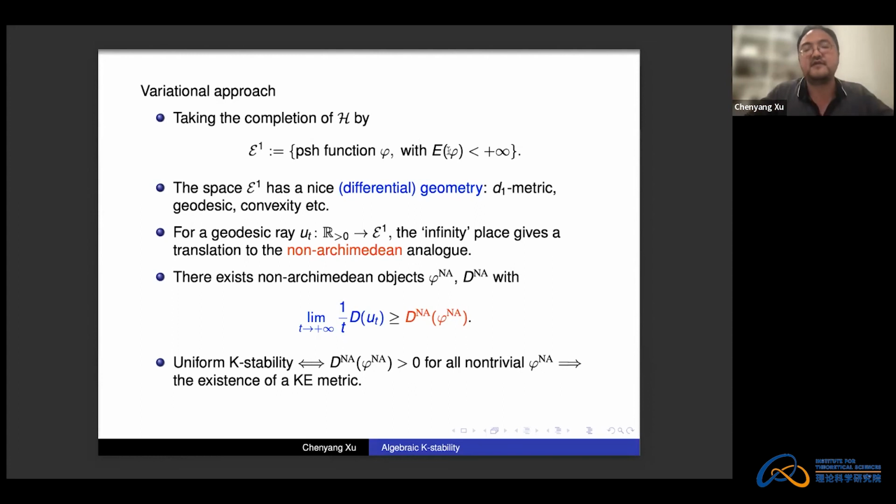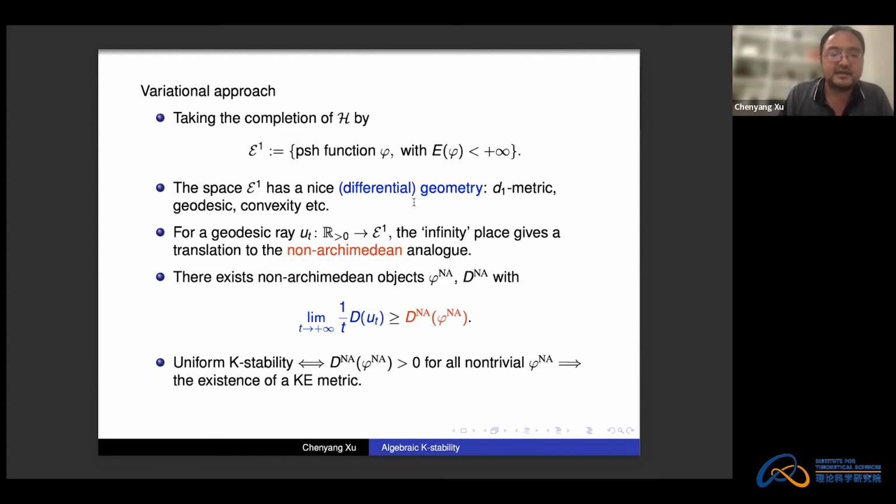So you take a different completion. As you know, when you do PDE or any analysis work, if you take a different completion of your function space, you will have a completely different theory. So here the theory is also very different from the one we talked about before.